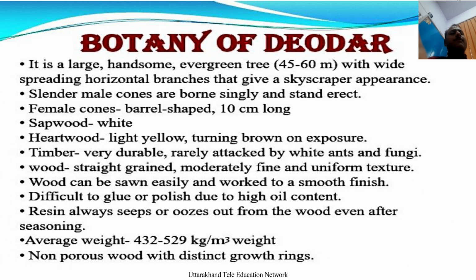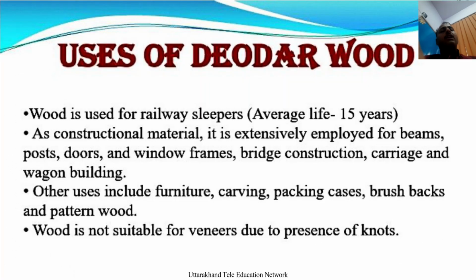Average weight is approximately 432 to 529 kilograms per cubic meter. It is also a non-porous wood, being a gymnospermous wood. Vessels are not present, and distinct growth rings are present. You can easily see the growth rings in Deodar tree.